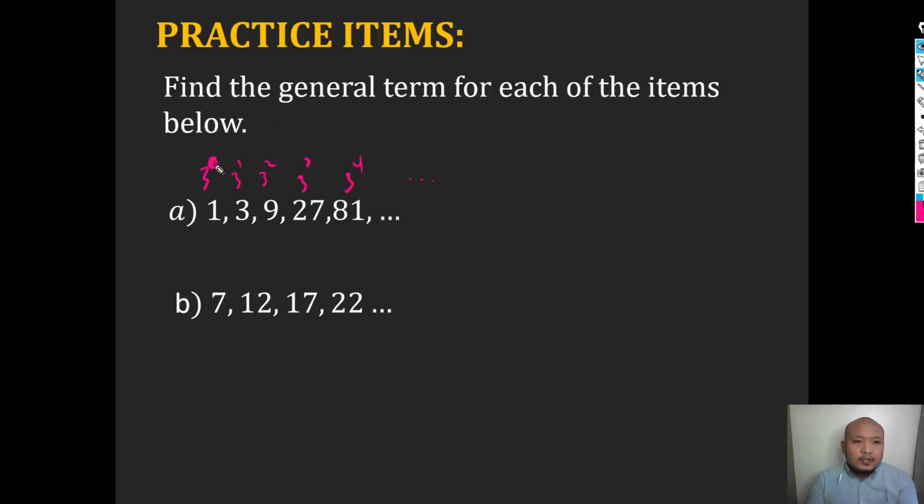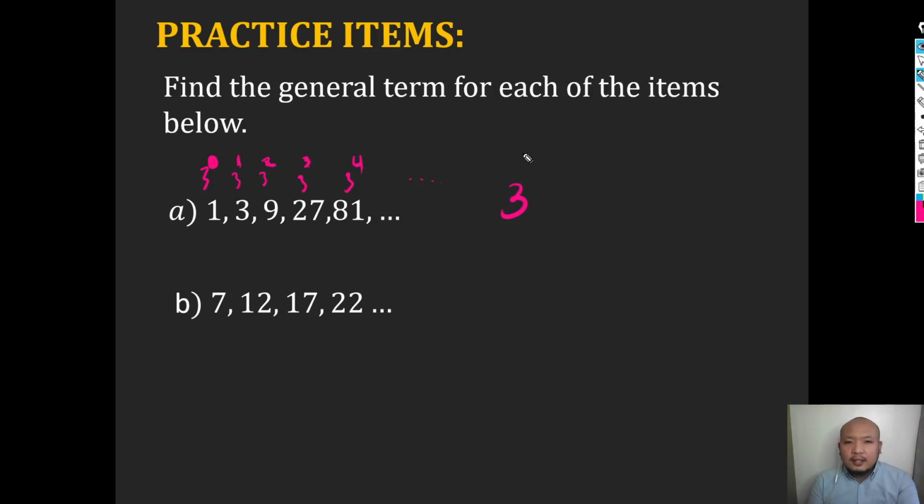But the exponents don't seem to be natural numbers. They seem to be whole numbers. But we can do something with that very easily. The base will always be 3, we know that. And the domain of the sequence is the natural numbers, we know that too. But since the exponents appear to be the whole numbers, they go from 0 to whatever.